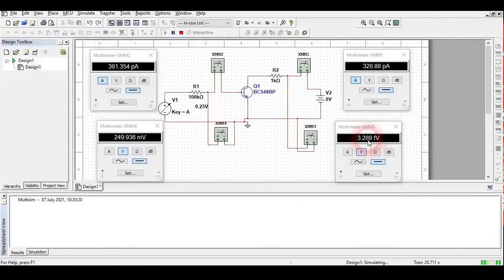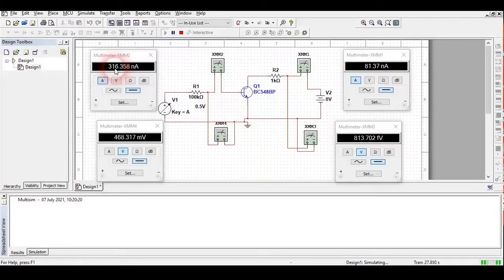Now again I am going to increase this V1 voltage. At 0.5 volt, this current is in nanoampere, 3.316 nanoampere, so this could be considered as 0.3 microampere.